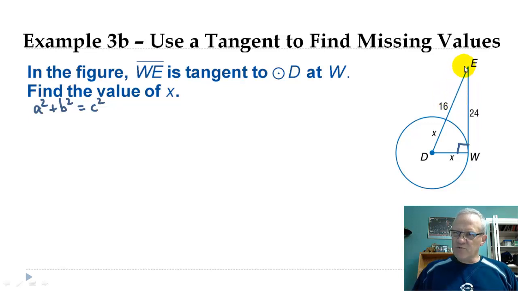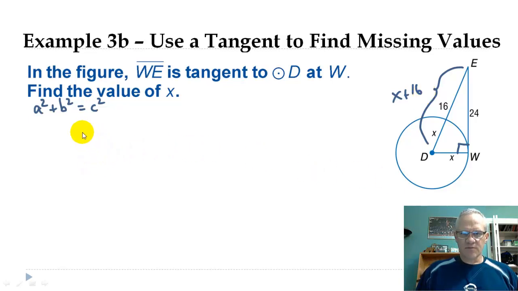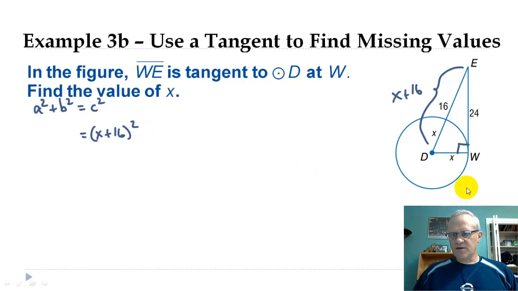But I want to know what's the whole side here. What's that whole side? Well, what could we do? If we know this part's x and this part's 16, we could just call this x plus 16. Okay, just call it x plus 16. So that's C. And it's going to make it a little harder, but we can still do it. So we're going to plug that in for C, x plus 16 squared. And then here's our A and our B, x and 24. So x squared and 24 squared.